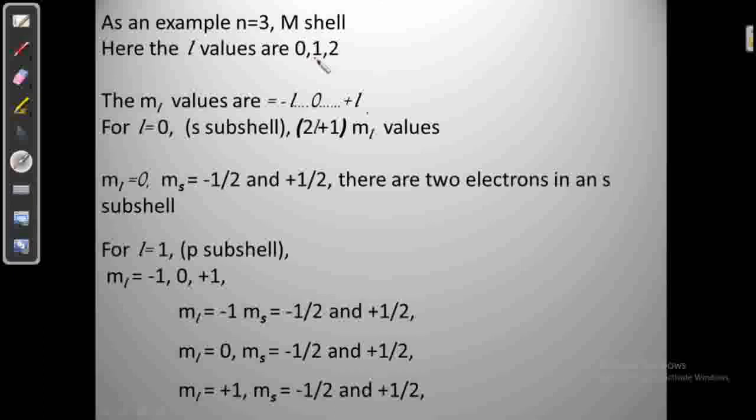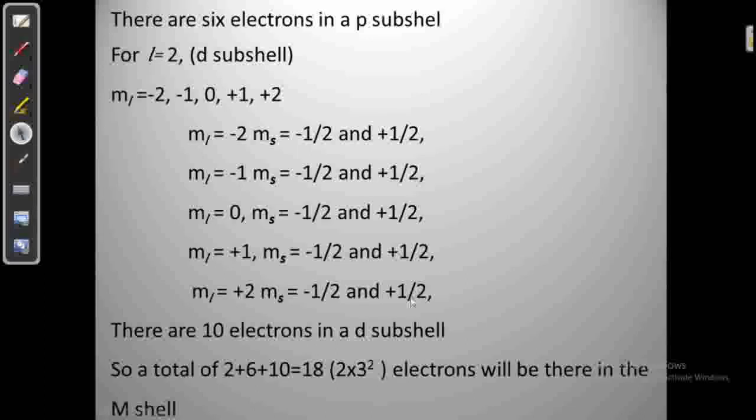For l equal to 1 state, there are 6 electrons. For l equal to 2 subshell, there are 10 electrons. So when n equal to 3, you can accommodate 2 plus 6 plus 10, that is equal to 18.